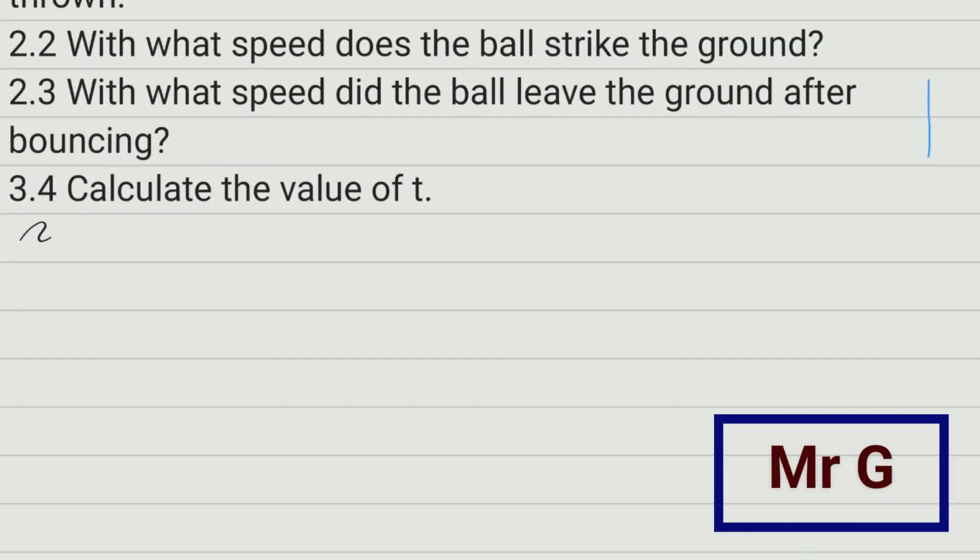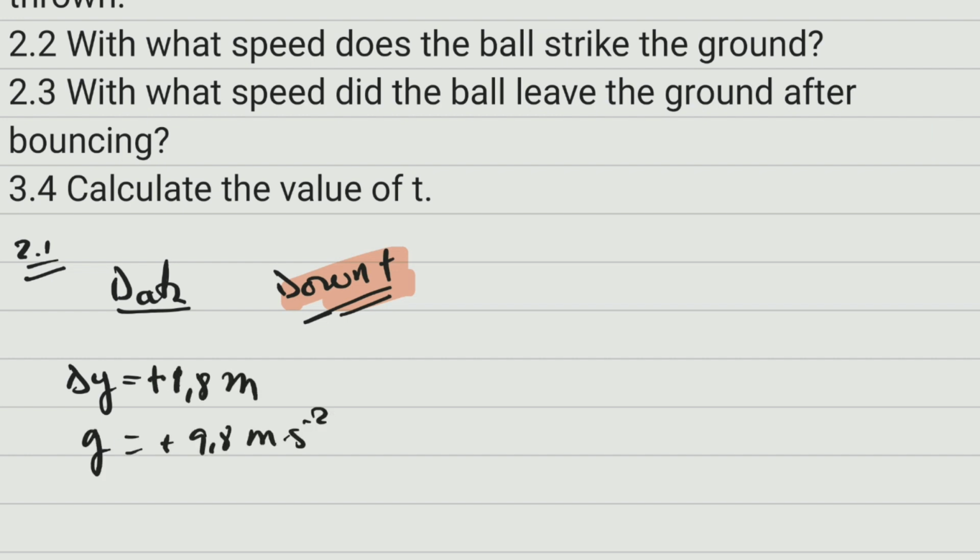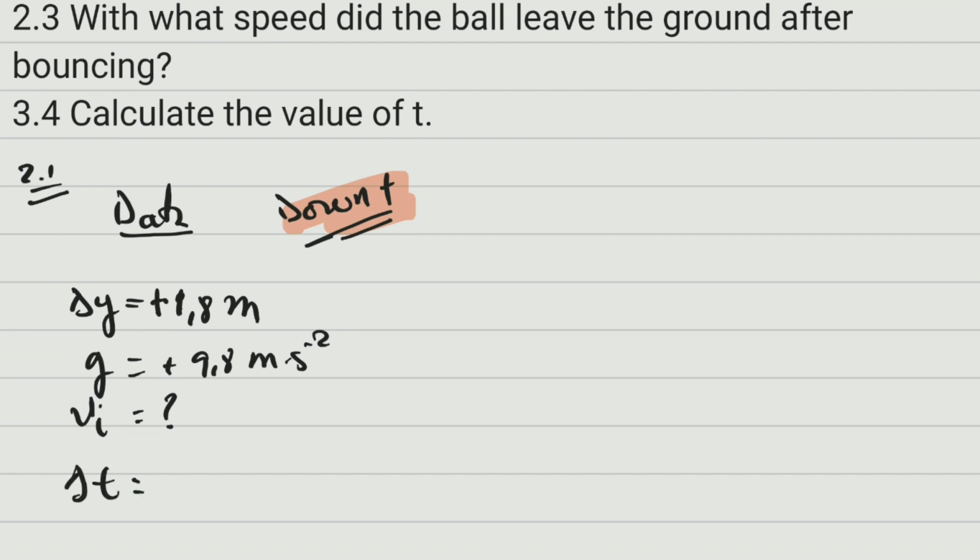This is 2.1. So what formula will be most suitable for us? That one will be displacement equal to initial velocity multiplied by the time plus half acceleration multiplied by time squared. So let's substitute.